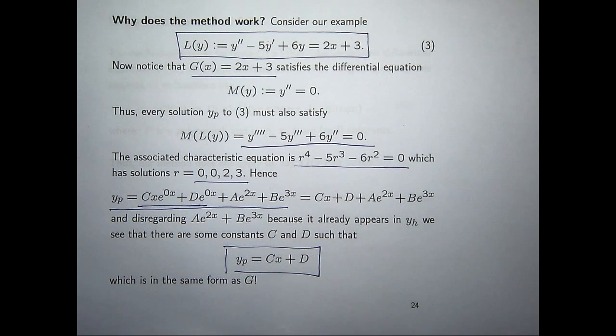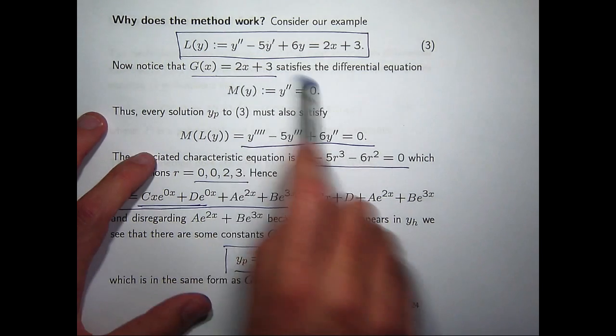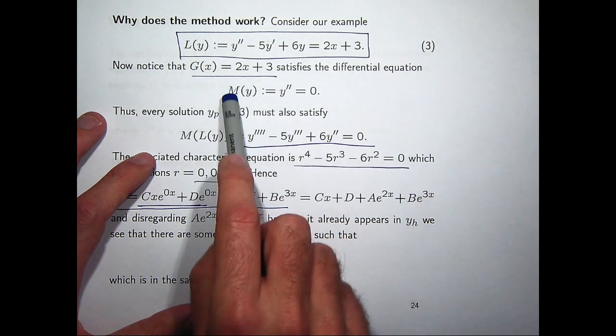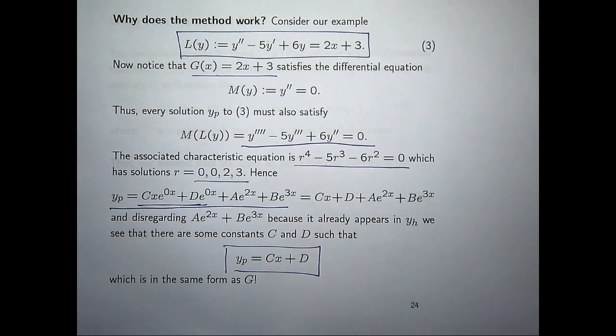Now, the choice of annihilating operator here is dependent on this. So if this was e to the x, you would choose m of y equals y prime minus y, because you know e to the x satisfies that. Okay?